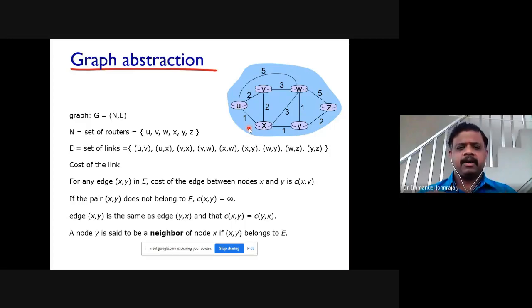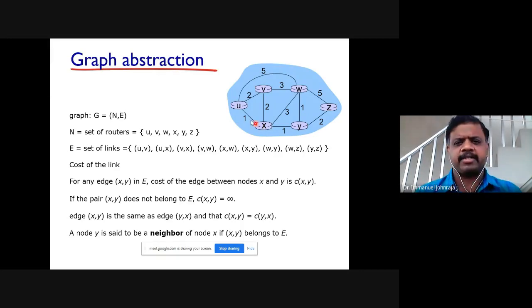The cost means how much it will take for a packet to travel from one place to another, even delay. We would always go for the least cost, so this cost is very much required.